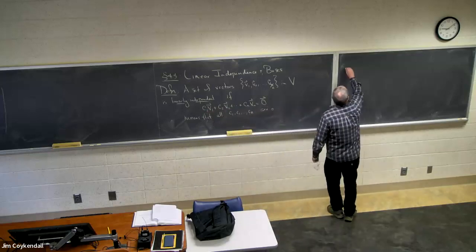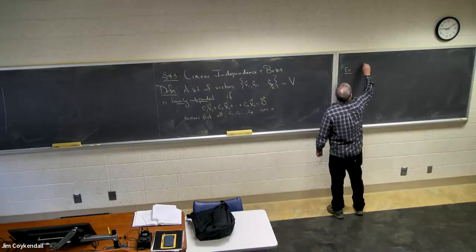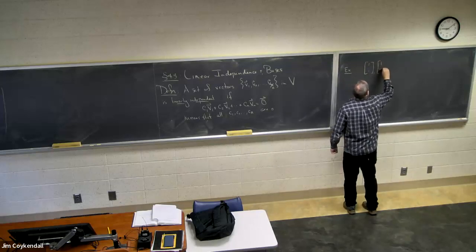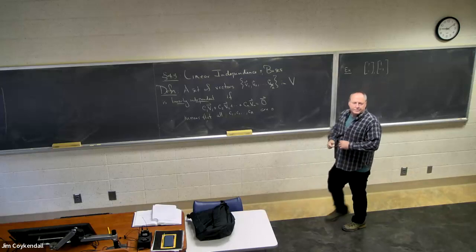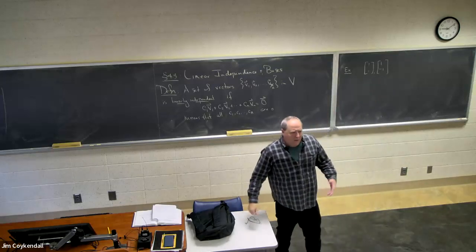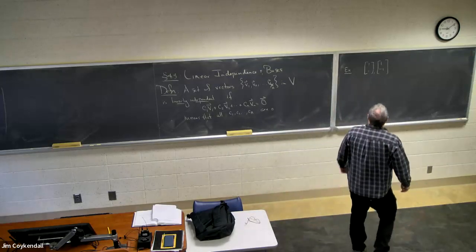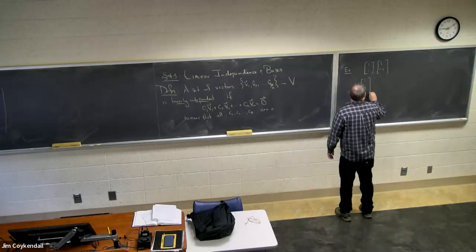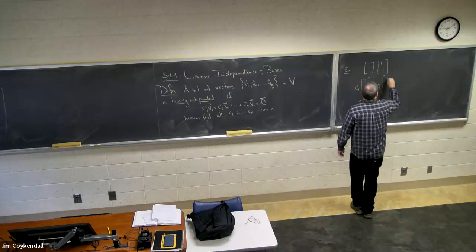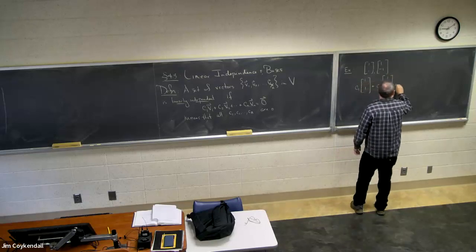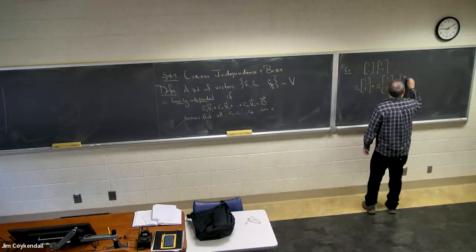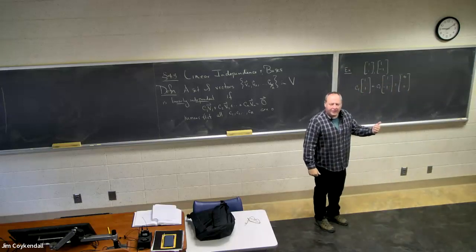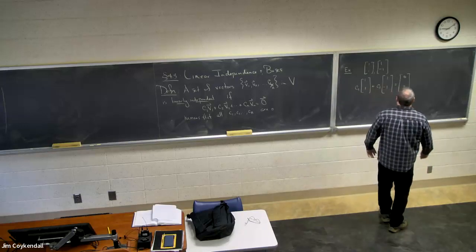So for example, let's go to an old school one. These vectors are linearly independent because if you have c1 times (0, 1) plus c2 times (1, -1), and suppose it's (0, 0), this forces c1 and c2 both to be 0.